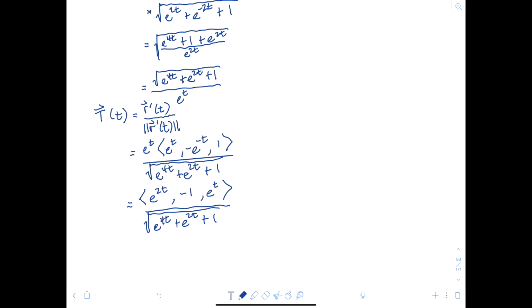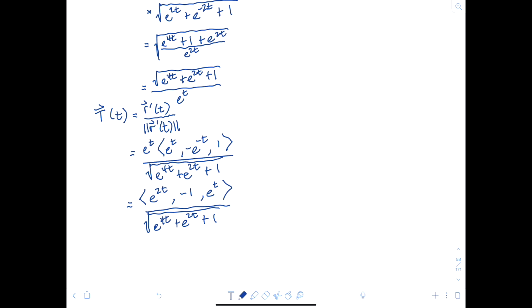Cool so far? We're going to need to differentiate that to get our N(t). So take a deep breath. We're going to be working a little bit here.